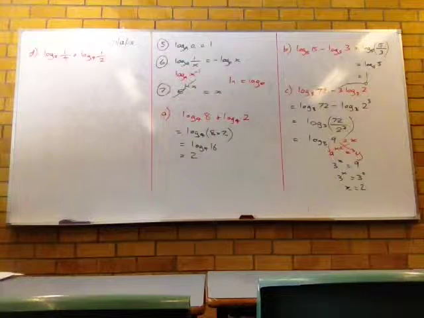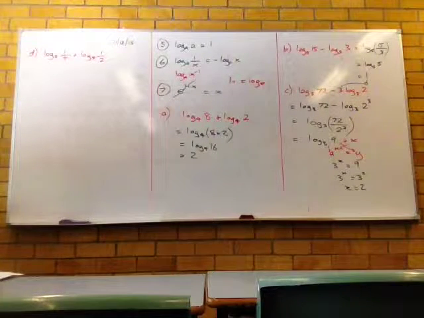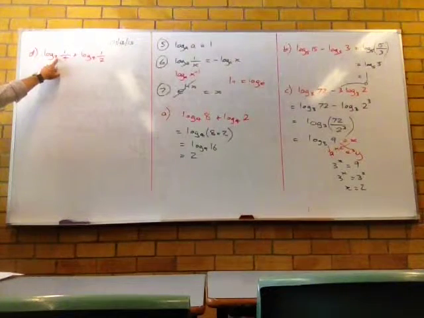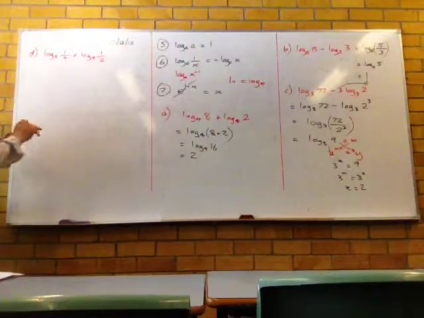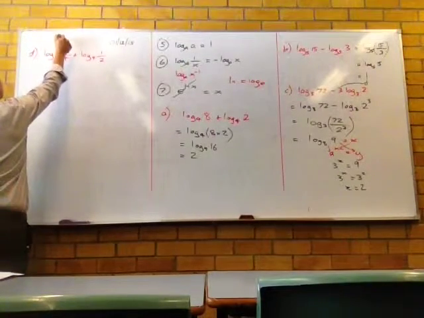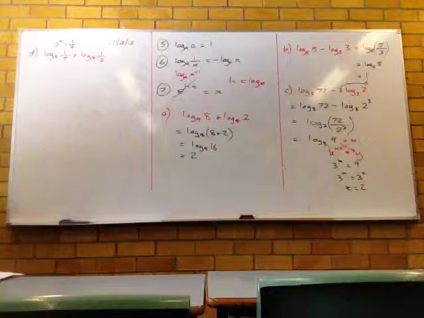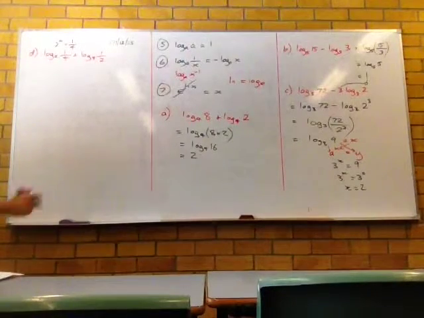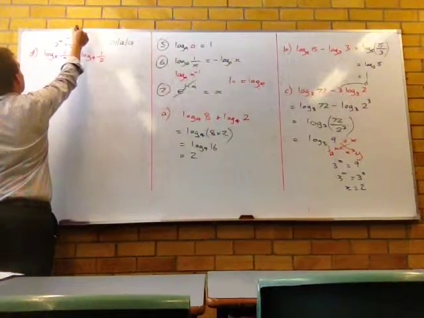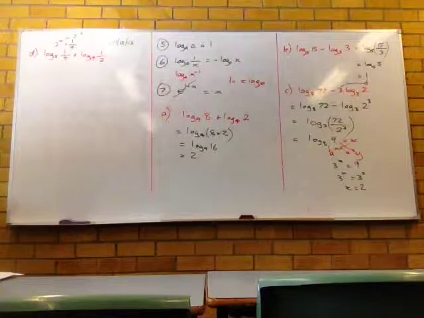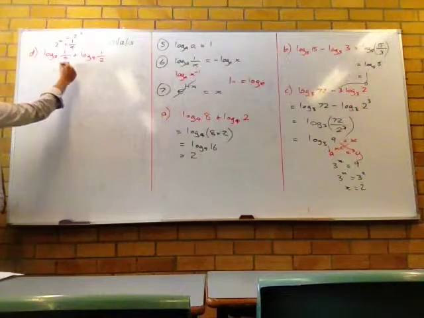Right, we can look at it this way. 2 to the power of what equals a quarter? -2, okay? Because it's really 2 to the power of -2, isn't it? So log base 2 of a quarter is -2.